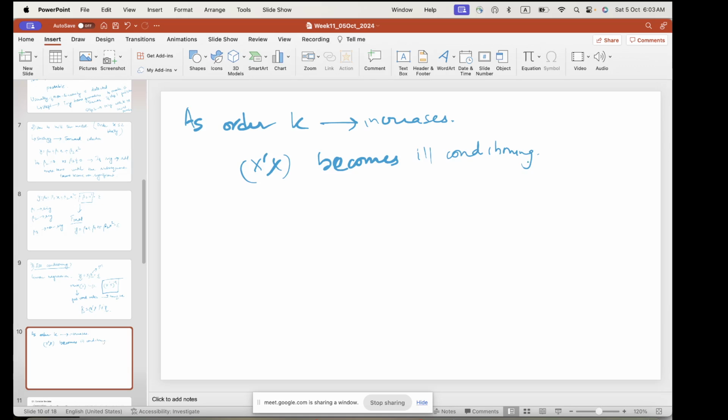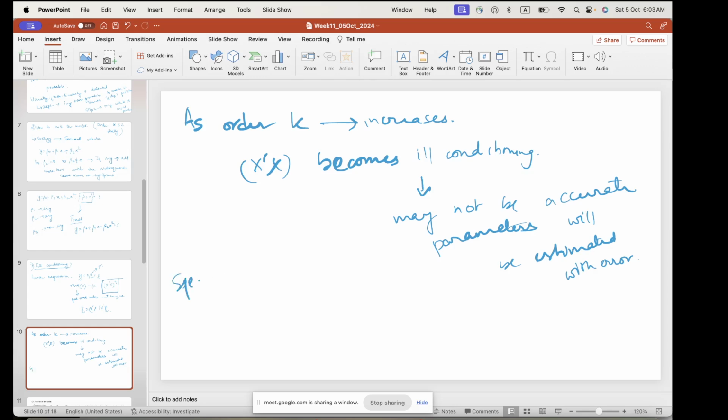The thing is, this X prime X may not be accurate, and parameters will be estimated with error.